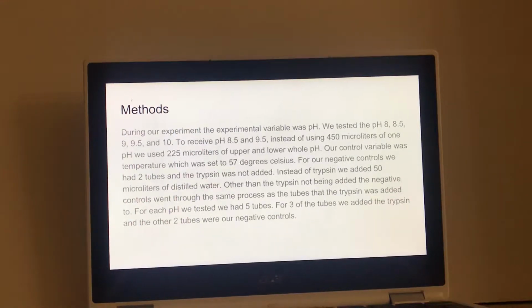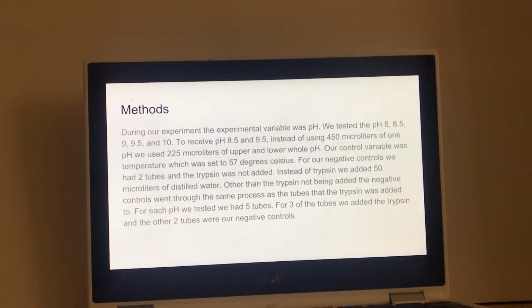For our methods, the reaction buffer that we used was NaCl and tris hydrochloride, with the pH ranging from 8, 8.5, 9, 9.5, and 10. We added 450 microliters of the reaction buffer.